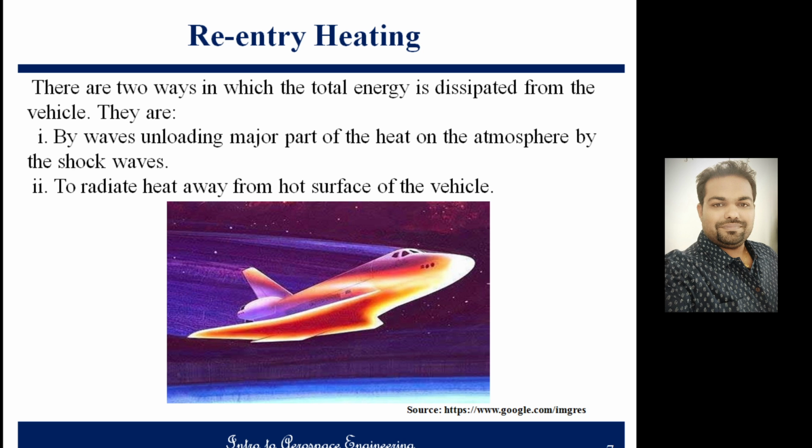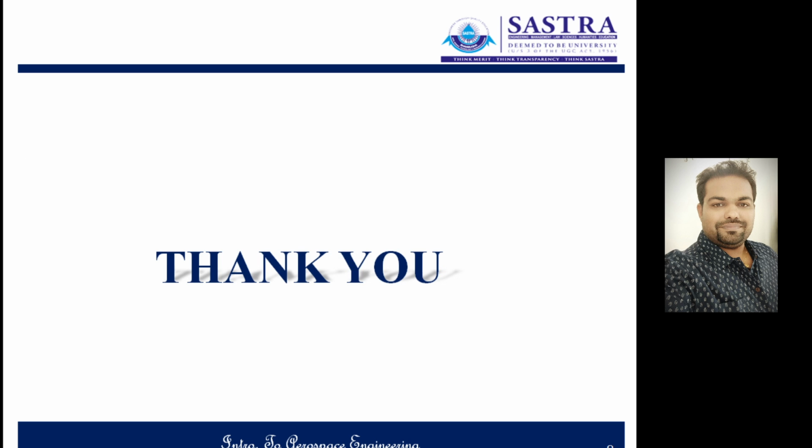So immediately after the normal shock, the flow will become subsonic. When the flow is subsonic, there will be no aerodynamic heating. That's why a blunt nose is preferable. And this aerodynamic heating is a big concern, right? Particularly, we have to deal with it. So this is regarding the re-entry vehicle and aerodynamic heating.